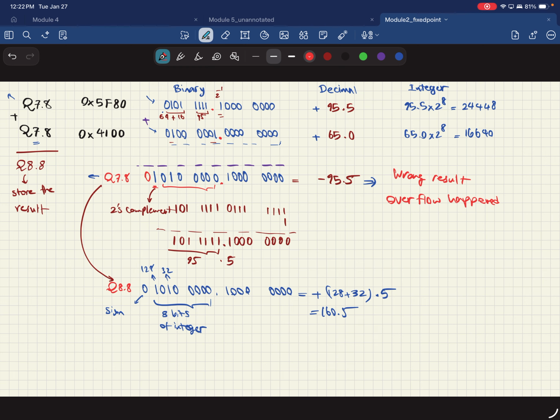The maximum you can show with Q7.8 is positive, and the rest of the bits are just 1, the maximum.